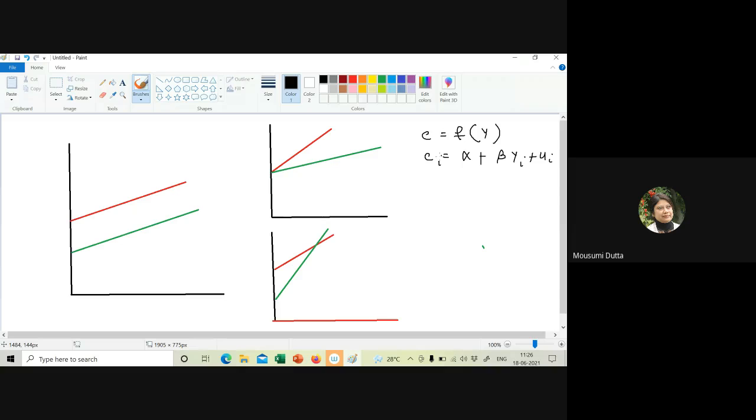So we are starting with this framework. Consumption is a function of income. That is, Ci can be modeled as alpha plus beta Yi plus ui. Then we are bringing the gender aspect.